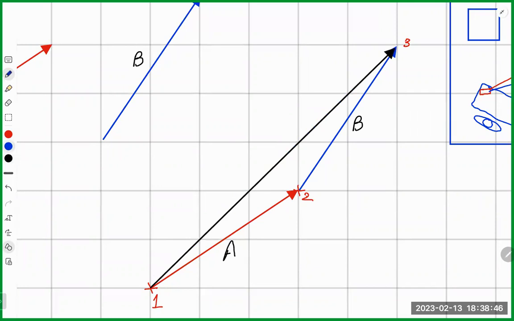Good. This is the resultant of A and B. It can also be written as R equals A plus B. Okay. They both are equally good.